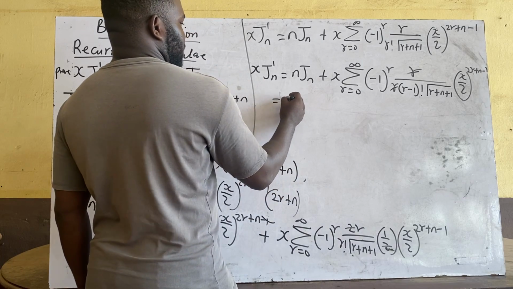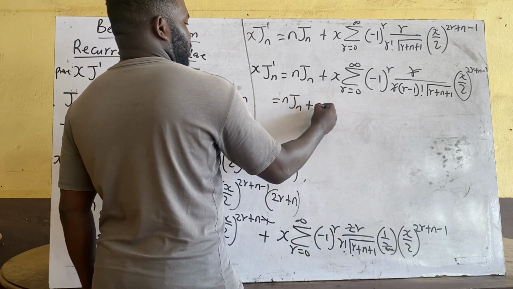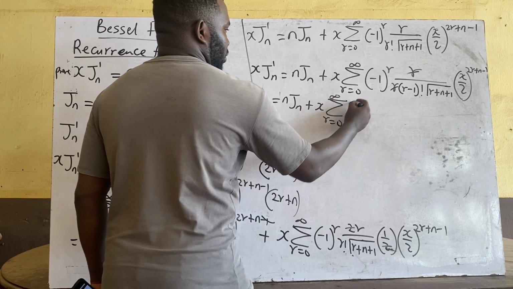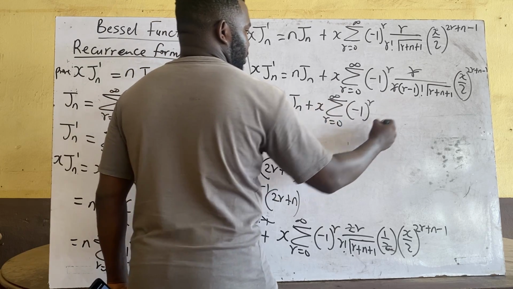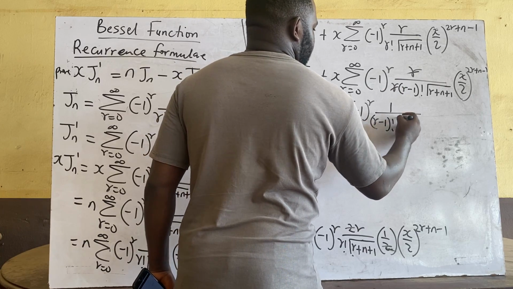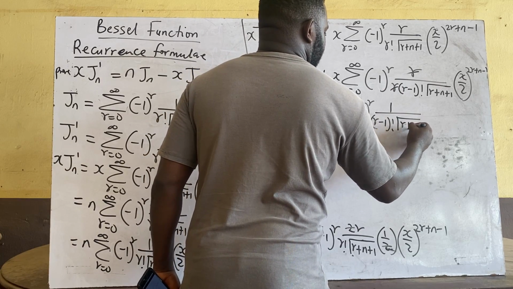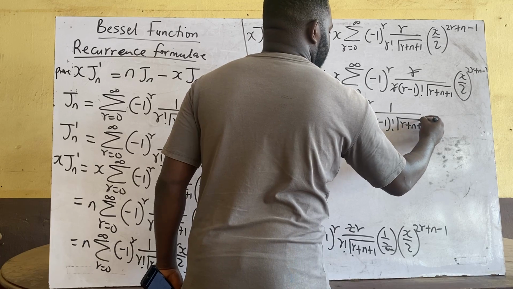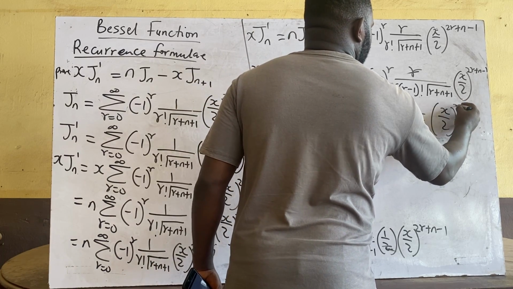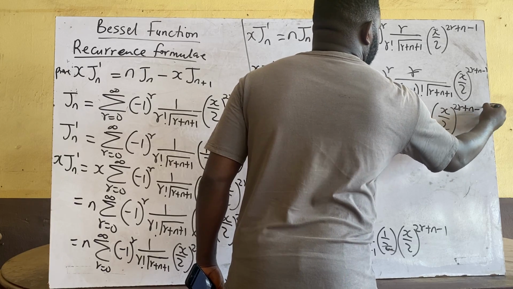So I am now left with n J_n plus x, the summation of r starting from 0 to infinity of (minus 1) raised to power r, then 1 over (r minus 1) factorial, then this gamma of r plus n plus 1, then x over 2 to the power 2r plus n minus 1.